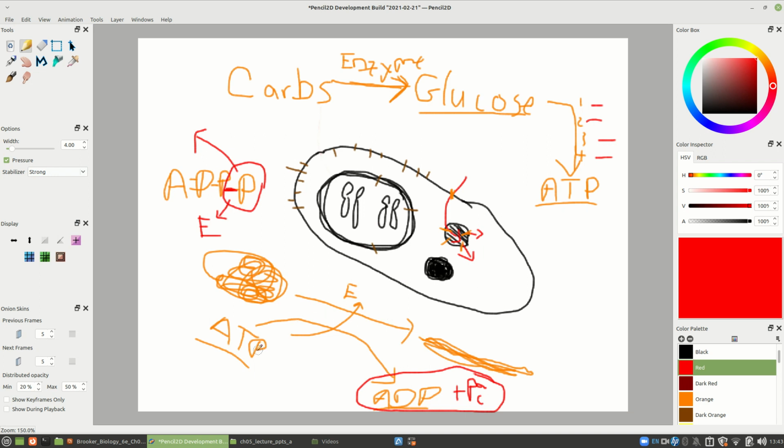So understand how this works, and understand that there are pumps and pores, and don't forget that ATP is the thing that powers your proteins. It powers your cell. I think I've said it before, ATP is to your cell what gasoline is to a car. Without ATP, nothing runs.